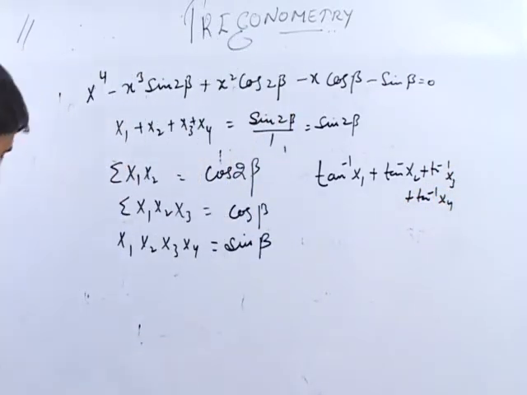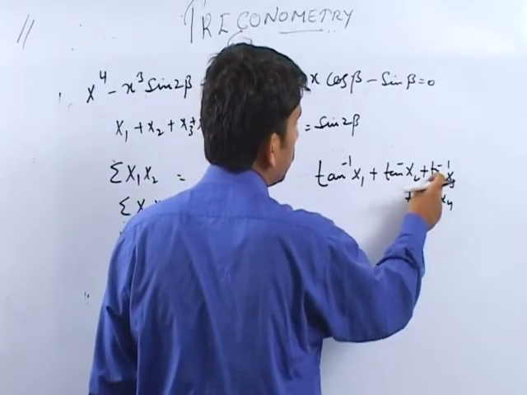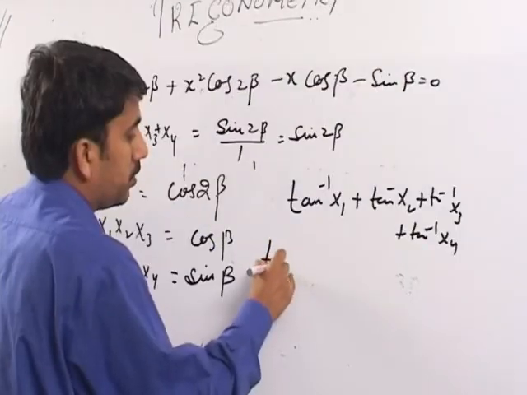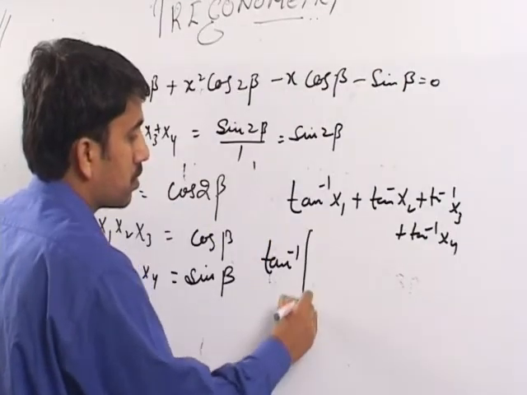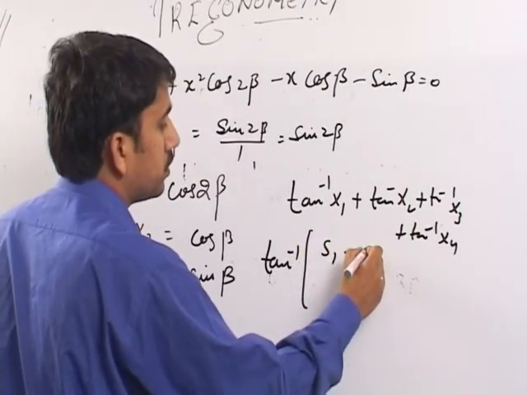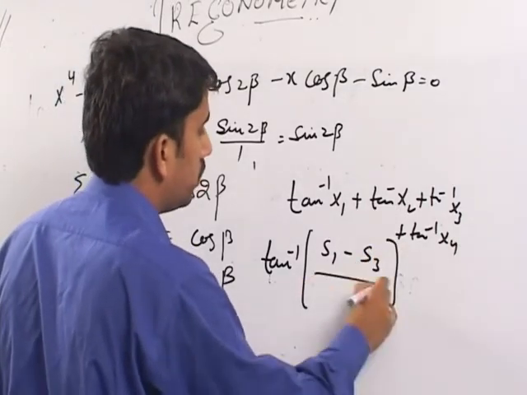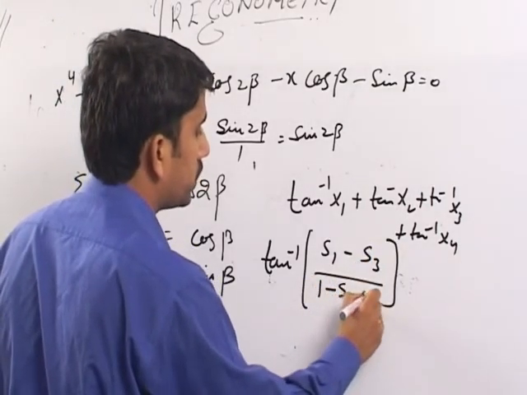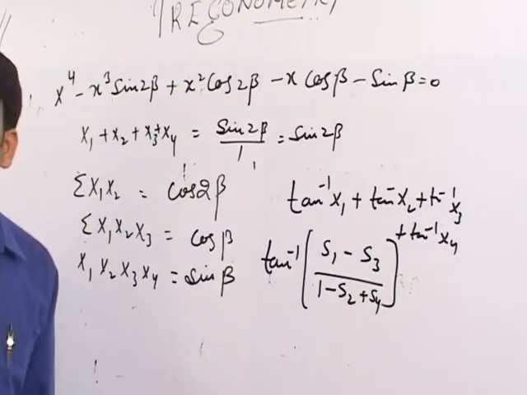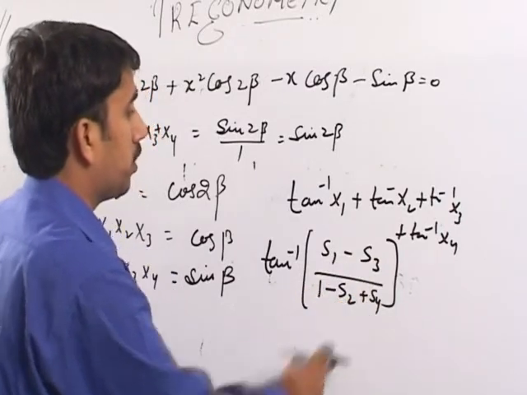To find the value of this expression, you know that tan inverse x plus y plus z plus t is equal to tan inverse of (s1 minus s3) over (1 minus s2 plus s4). This is the sum of the products of the roots taken 1 at a time, 3 at a time, 2 at a time, and 4 at a time.